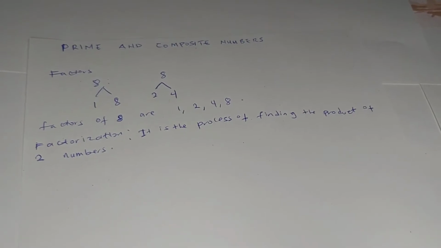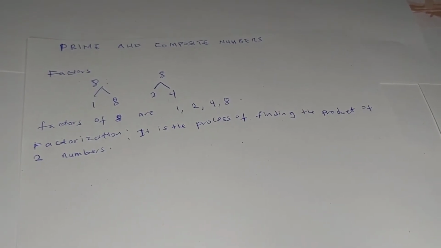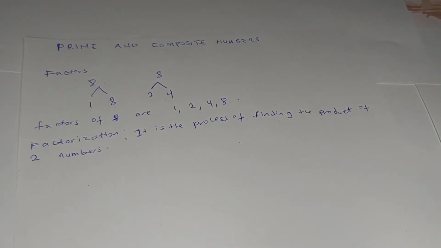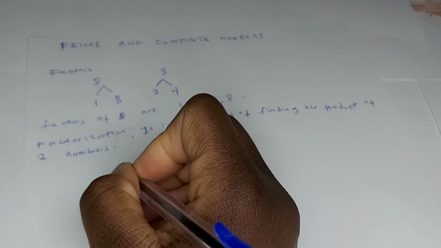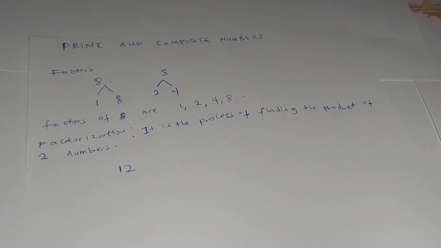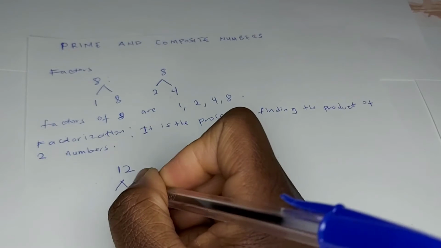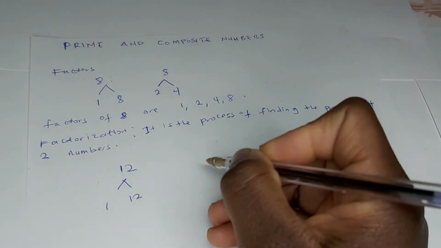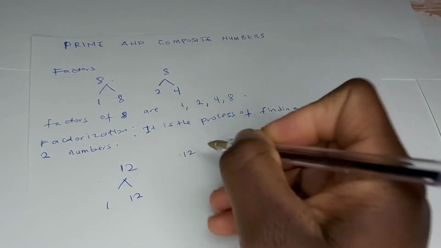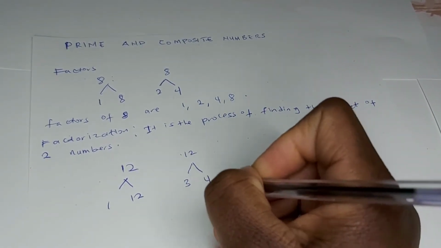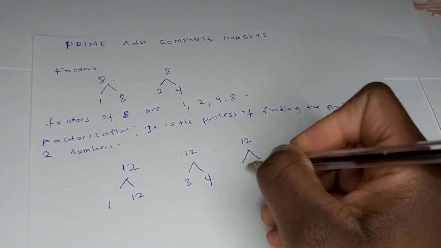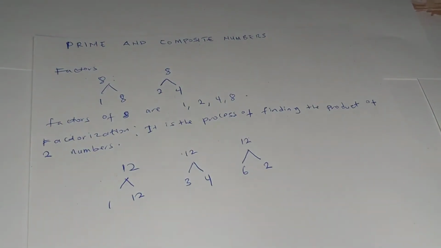There is more than one way of factorizing numbers. For example, take the number 12. You can say 1 times 12, 3 times 4, and also 6 times 2 gives 12.